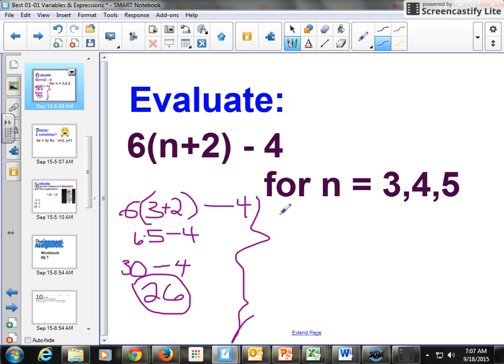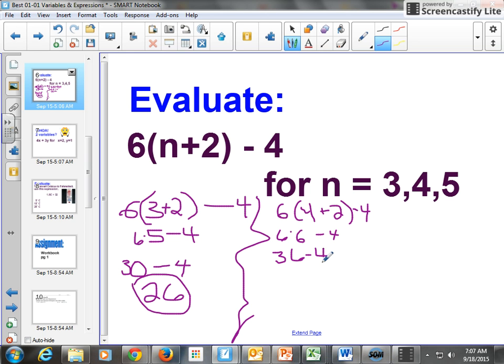Now let's do n is 4. This time we start at the top, 6 parentheses, 4 plus 2, and then minus 4. That means we have 6 times, in parentheses, 4 plus 2 is 6, and then subtract 4. We get 36 minus 4. You can probably do this faster than I can painstakingly try to do this with this mouse. Your final answer in this case is 32.